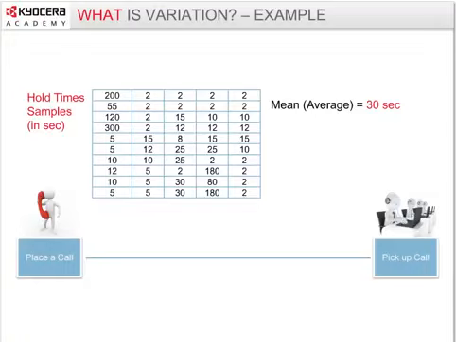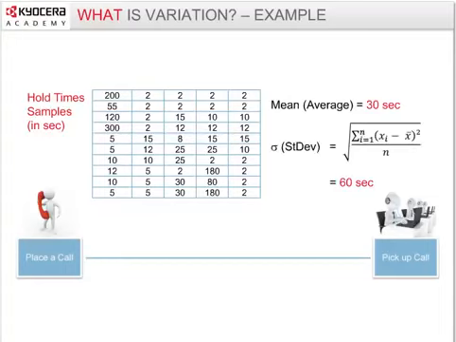Then, a colleague reminds him of what the customers actually were complaining about. He recommended the service manager to calculate the variation of the hold time, in order to understand the real problem. The service manager followed his advice, and measured the variation, by using the formula for calculating the standard deviation.